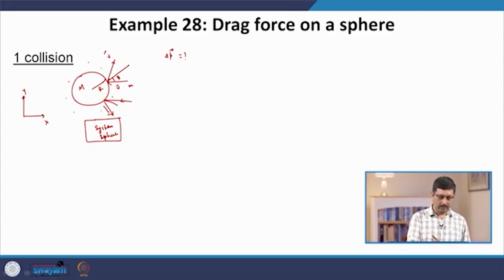So, the y component of the momentum of the fluid particle in this collision versus this collision are equal and opposite. So, they will cancel. All you need to consider is the net change in momentum in the x direction only.